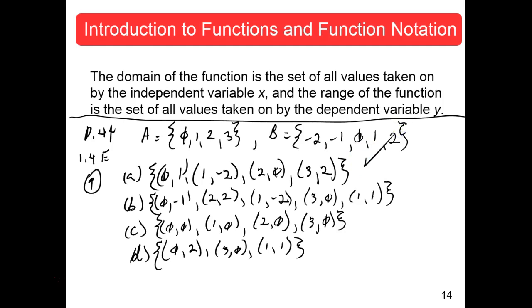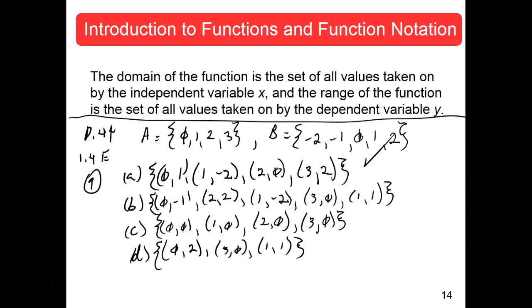Now, let's do the B one. (0, -1), is that an option? Yep. (2, 2)? Yep. (1, -2)? Yep. (3, 0)? Yep. (1, 1)? Is that a function?